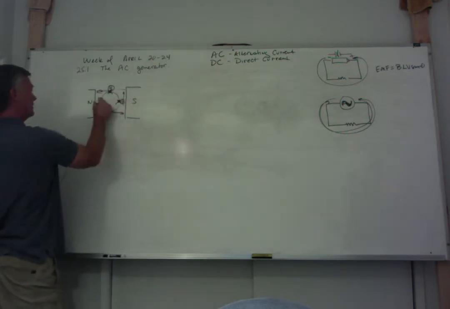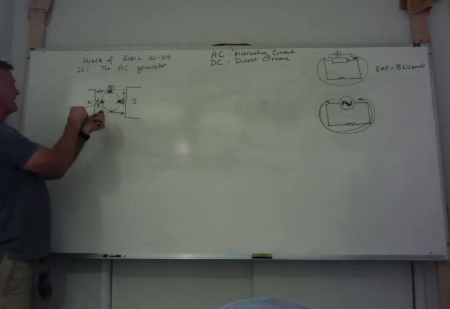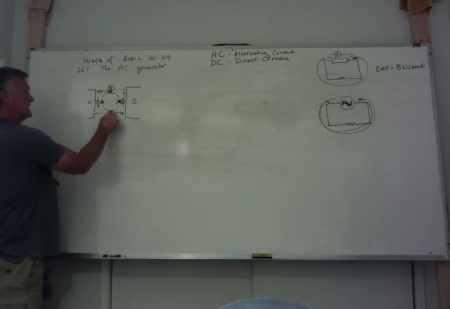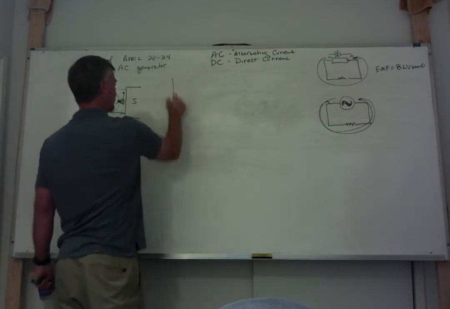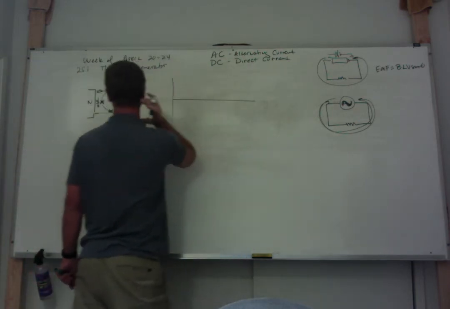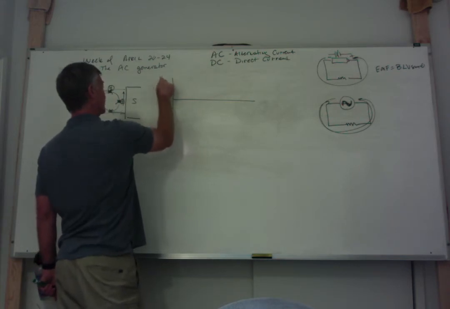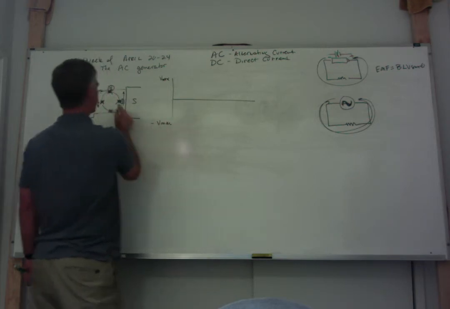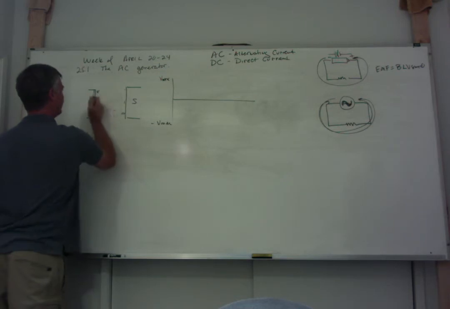When this comes around and is this way, this is position 3. Now the wire that was coming out, the current is changing direction. And when we get to here, we're going the opposite way. There's actually 4 points as we go around. And if I was marking down what my voltage would be, I'm going to put this as Vmax and negative Vmax. I should have started up here.